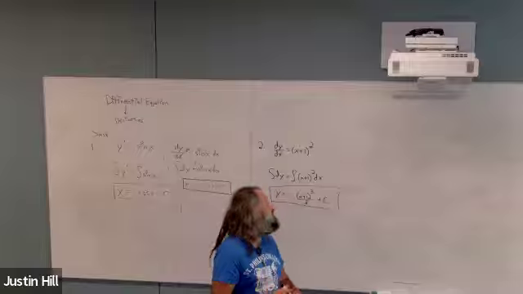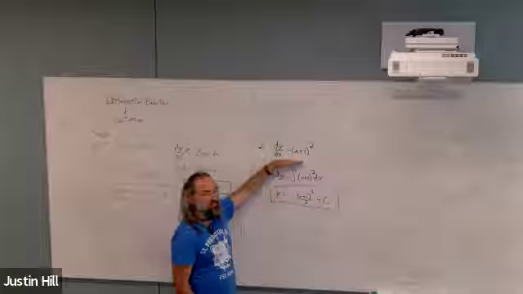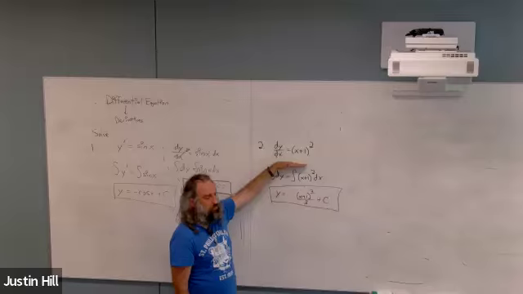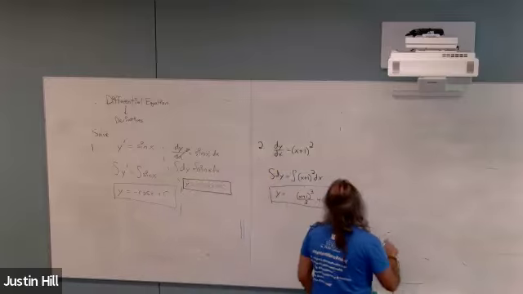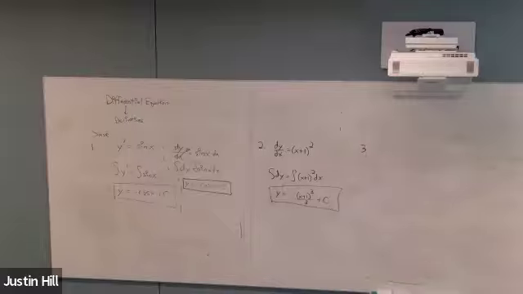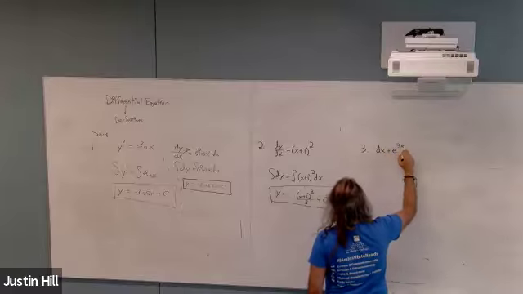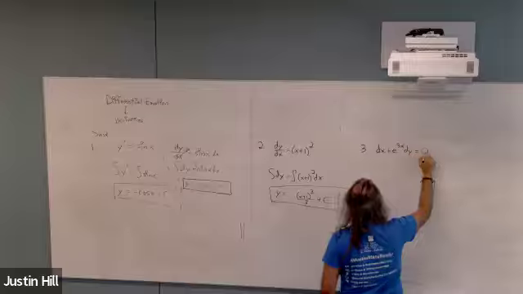Separable equations are things that, after some algebraic manipulation, end up looking like this, and we can take an integral. So for instance, if I see an equation like dx plus e to the 3x dy equals 0.